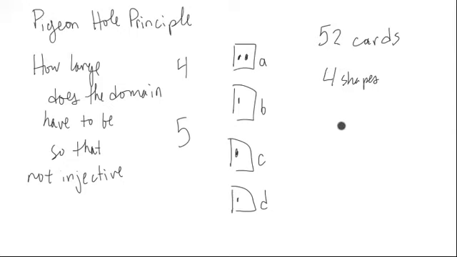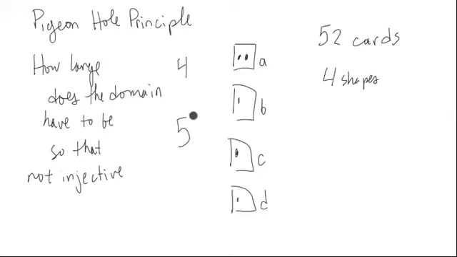So how many cards do you have to draw so that you know that at least 2 of them will have the same shape? Well, the shape is kind of like the codomain. So either one shape, another one, or this one, or that one, or a suit. So maybe diamonds, hearts, spades, clubs, or something like that. So you have these 4 different options.